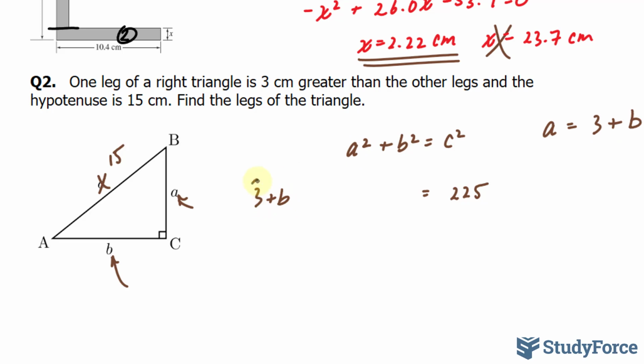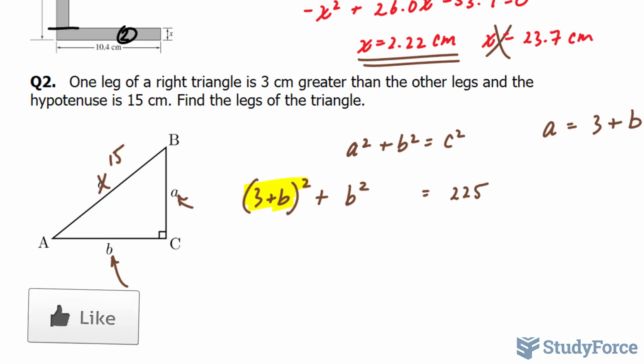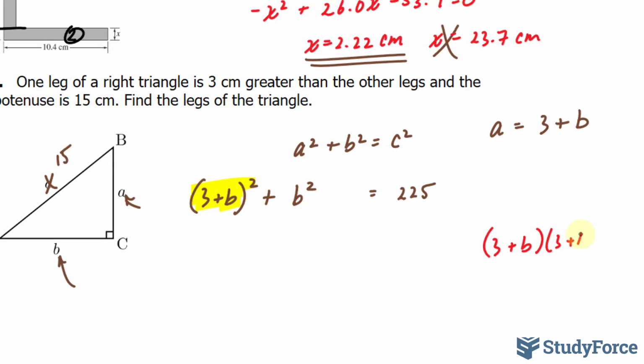and remember that's being squared, plus b squared. This right here is a binomial. We need to expand that. So we have 3 plus b, 3 plus b. 3 times 3 is 9, plus 3b, plus 3b, plus b squared. Now, of course, your teacher might want you to label what a and b are.